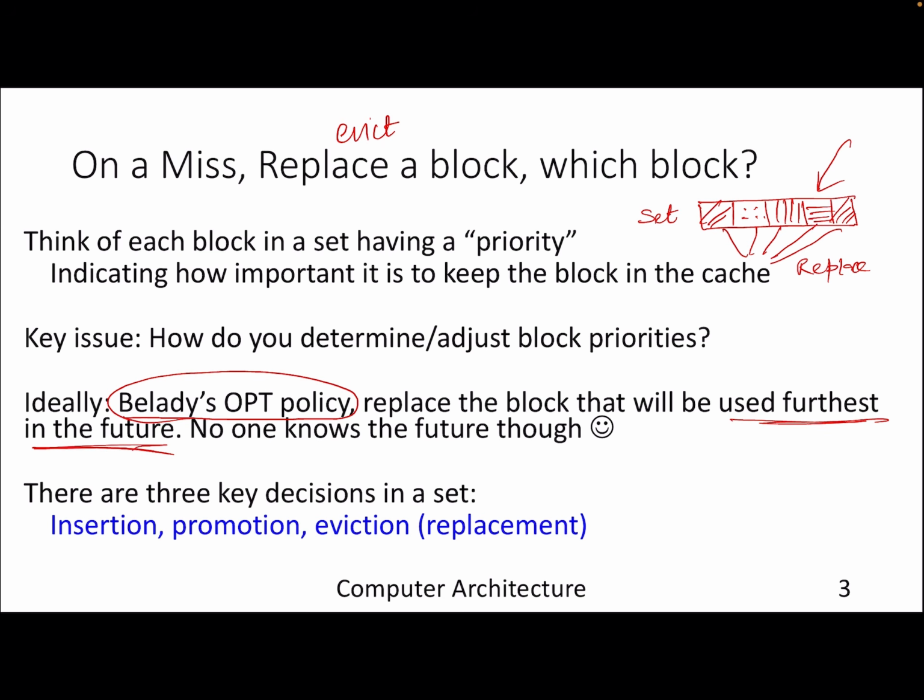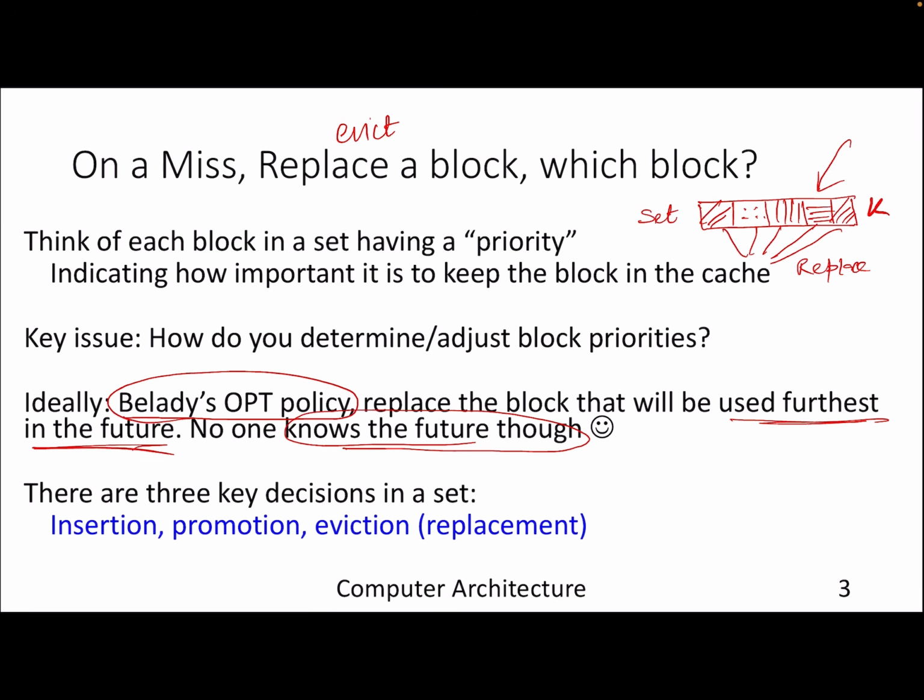So if you have k blocks here, you should replace the block that will be used furthest in the future, which means there is no near reuse at this moment. But for that, you need to know the future of all the blocks present in a particular set, which is not practical or feasible. We don't know how things will look.